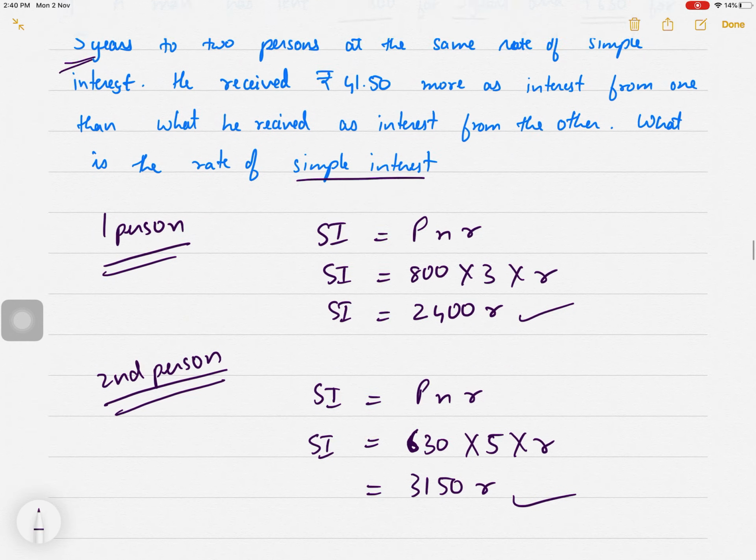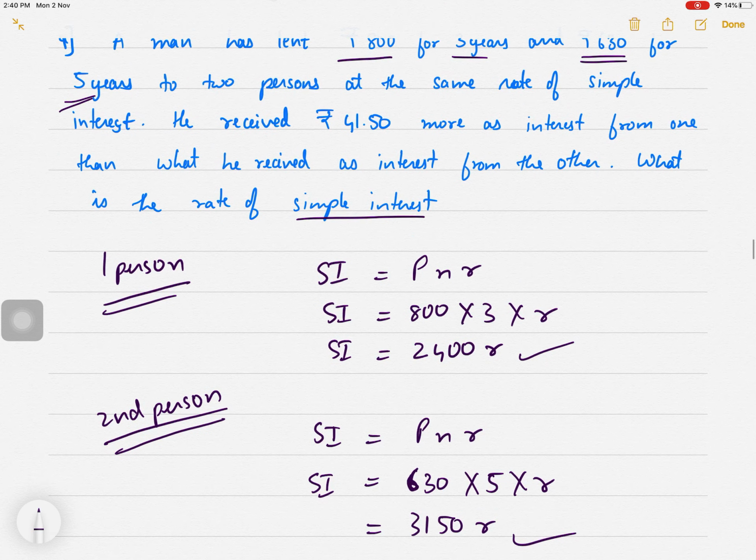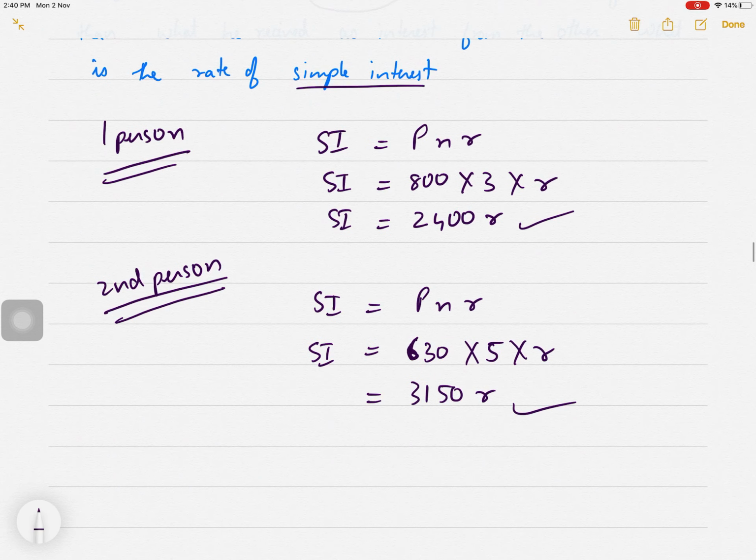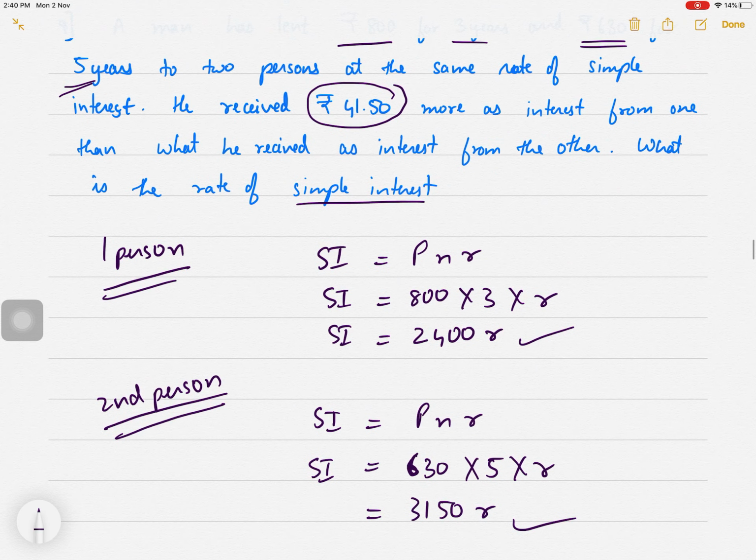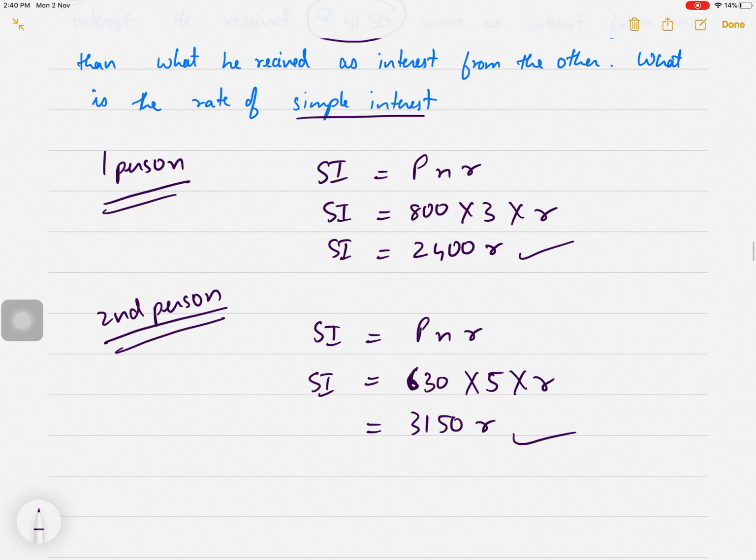And they have said he received 41.50 more as interest from one than the other. That means the difference between the two is 41.50, right? And 3150 is greater than 2400.